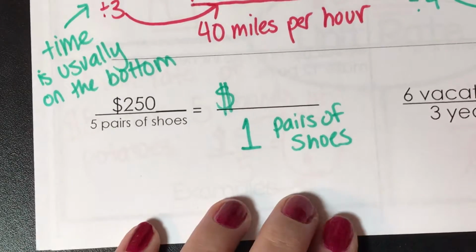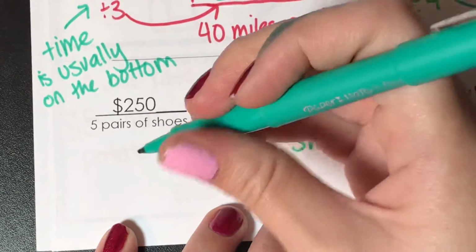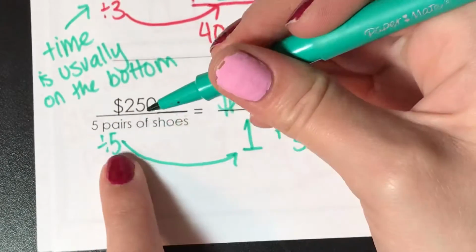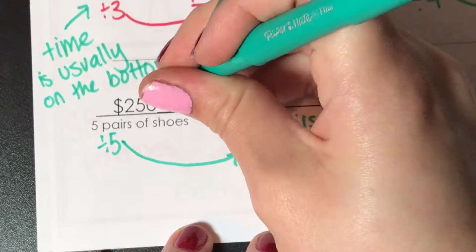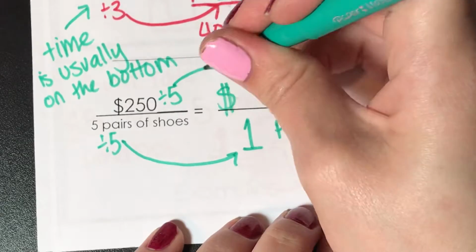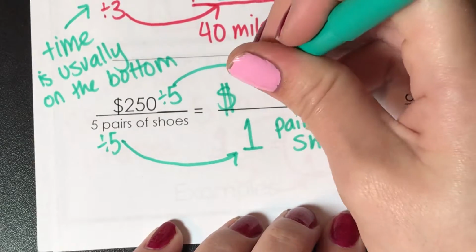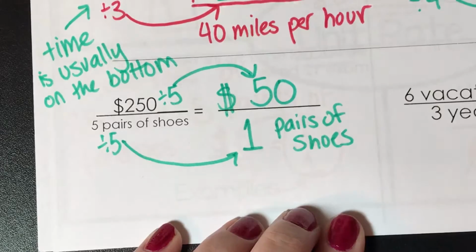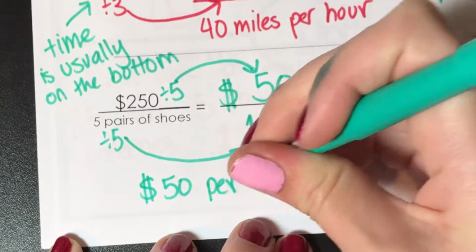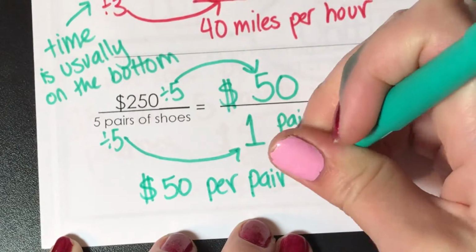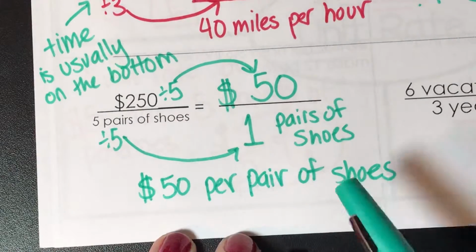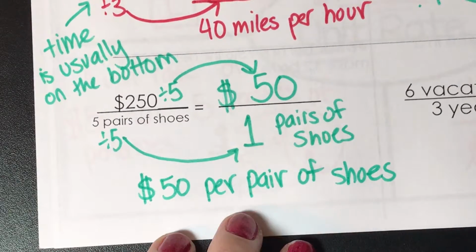Pairs of shoes is fine. So how do I get from 5 to 1? 5 divided by 5 is 1. What I divide on the bottom, I got to divide on the top. The same thing. So that way it's equivalent. 250 divided by 5 is $50. So that means it's $50 per pair of shoes. That is the unit rate. It's $50 per pair of shoes.